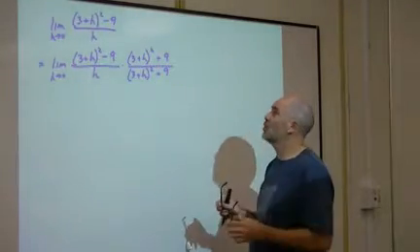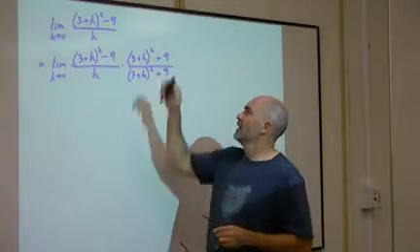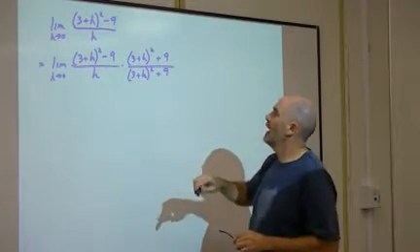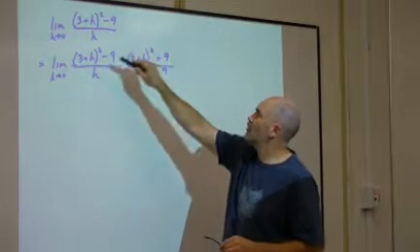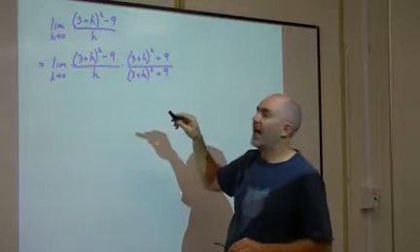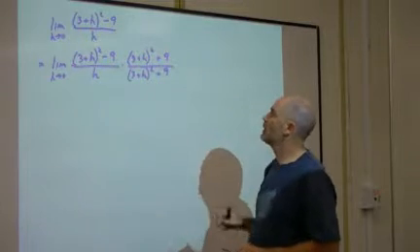I need to get rid of the 0 over 0, and the way to do this is to get rid of this squared term, and the way to do that is to multiply by the conjugate.